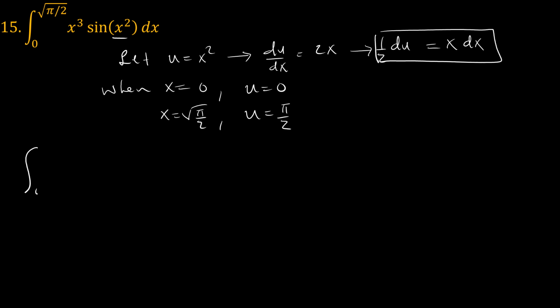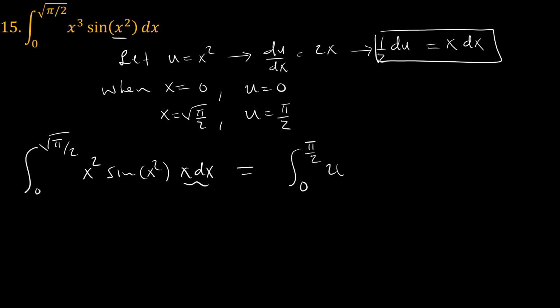So this integral from 0 to square root of pi over 2, x cubed can be expressed as x squared sine x squared, and then we have x dx. So this is a du term, or half du term, sorry, is the same as from u equals 0 to u equals pi over 2.